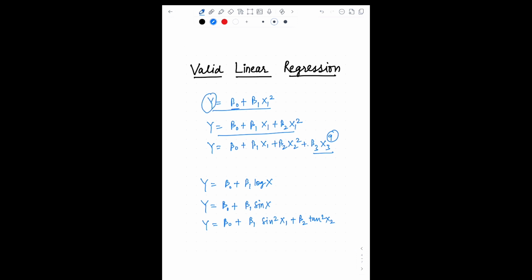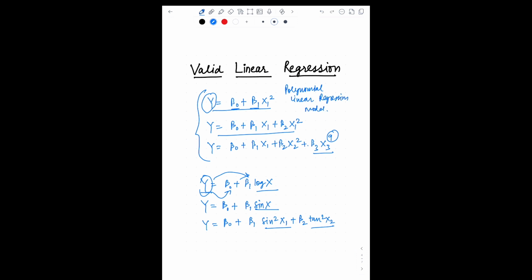As long as the target variable is a linear combination of the parameters, it is a linear regression model. You can even have log x, sine square x, tan square x, or any function. I am repeating, as long as the target variable is a linear function of the parameters, it is a linear regression model. In fact, the top three cases here are a special kind of linear regression model called polynomial linear regressions.